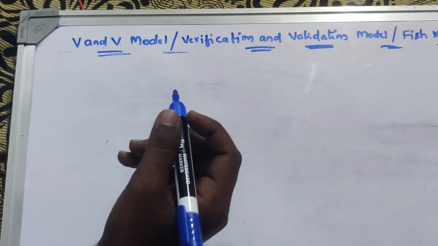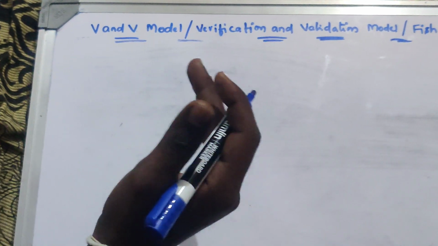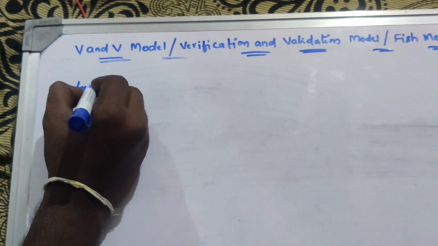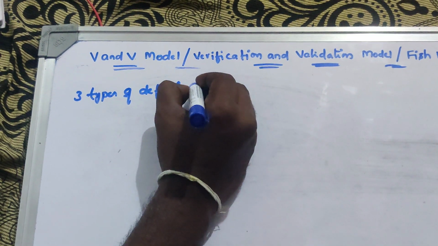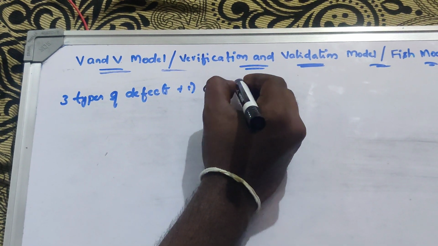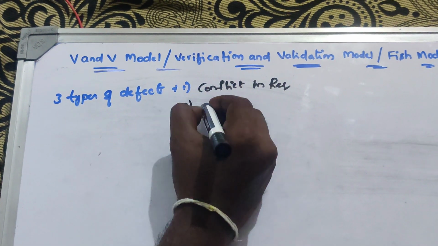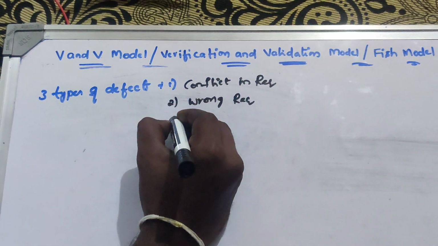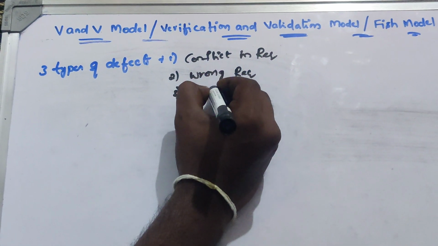I said that while reviewing the CRS, the test engineers will come across three types of defects. They are conflict in requirements, wrong requirements, and missing requirements.